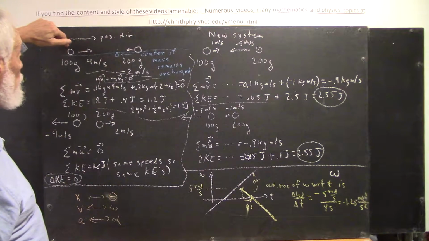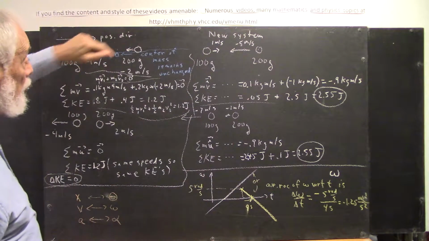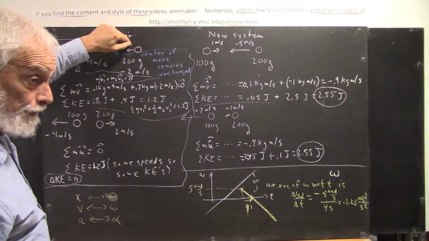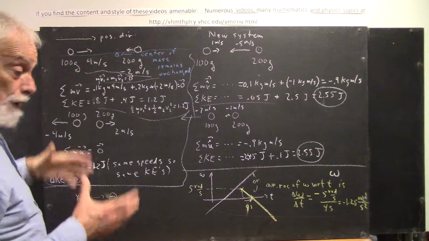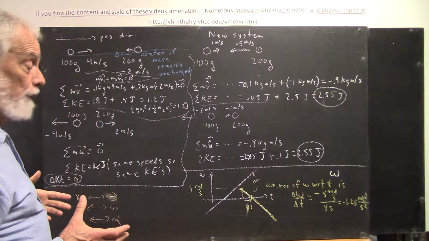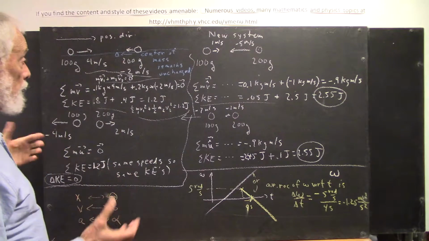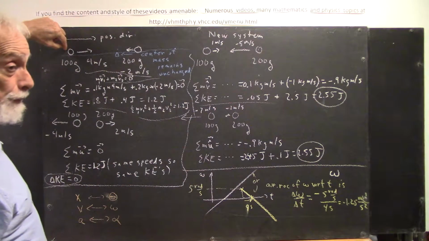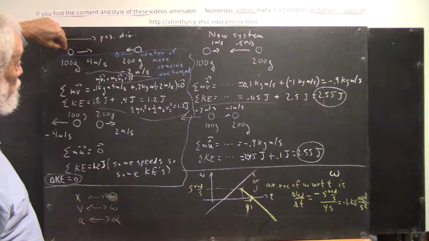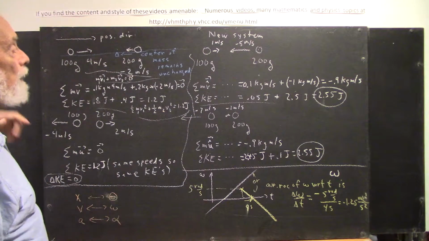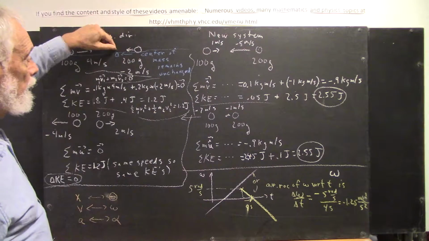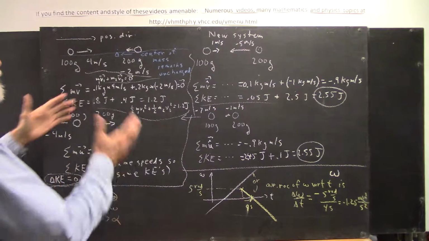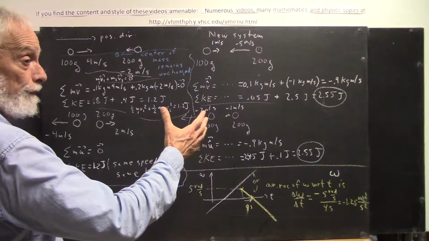So this one's going to move twice as far in any time interval as this one does. You're going to have to think about it just a little bit, but that assures that this one's always going to be twice as close to the fulcrum as this one. Okay? So the center of mass here remains the same. It doesn't matter where these are.